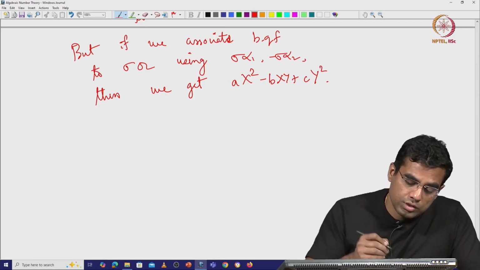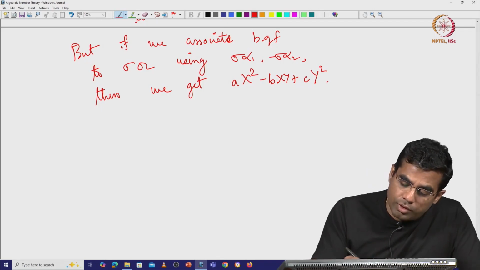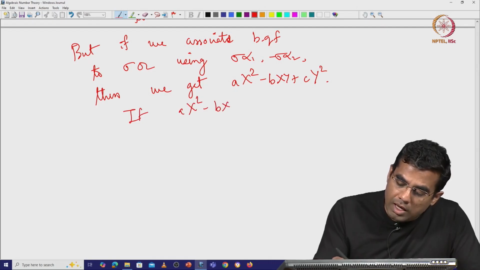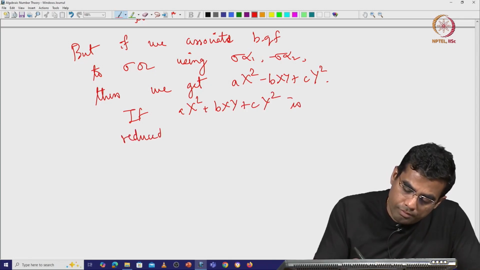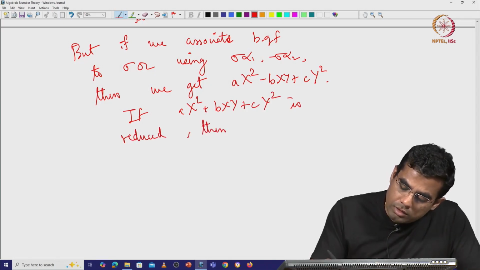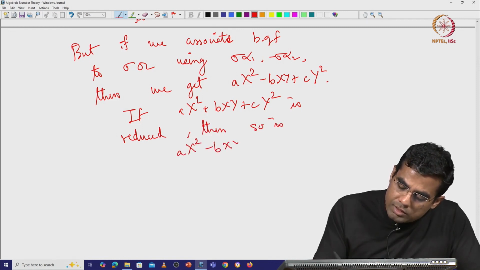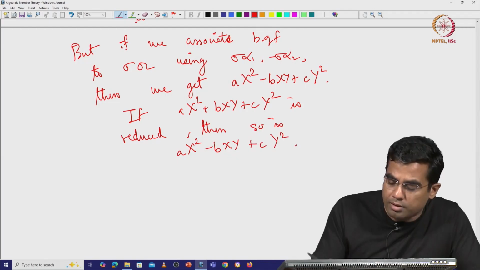And this is also reduced. So if ax squared plus bxy plus cy squared is reduced, then so is ax squared minus bxy plus cy squared.